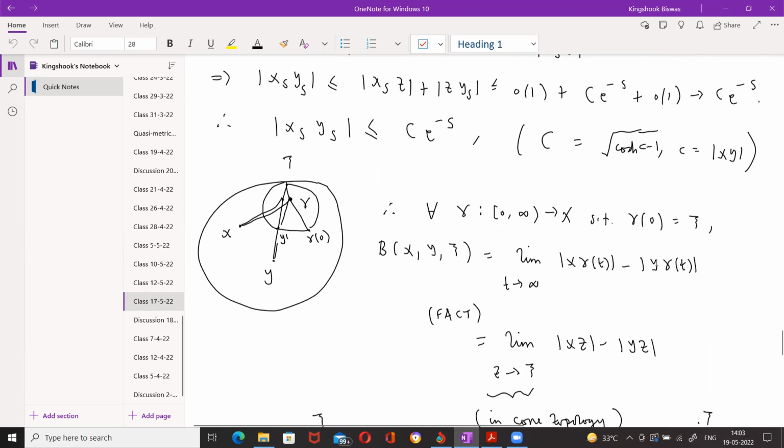This limit exists and is independent of the choice of ray gamma; we saw that by exponential convergence of asymptotic geodesics.